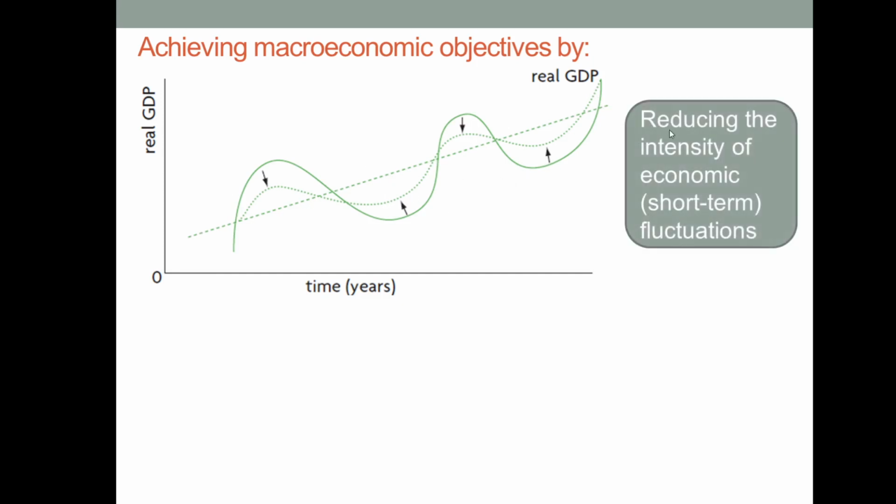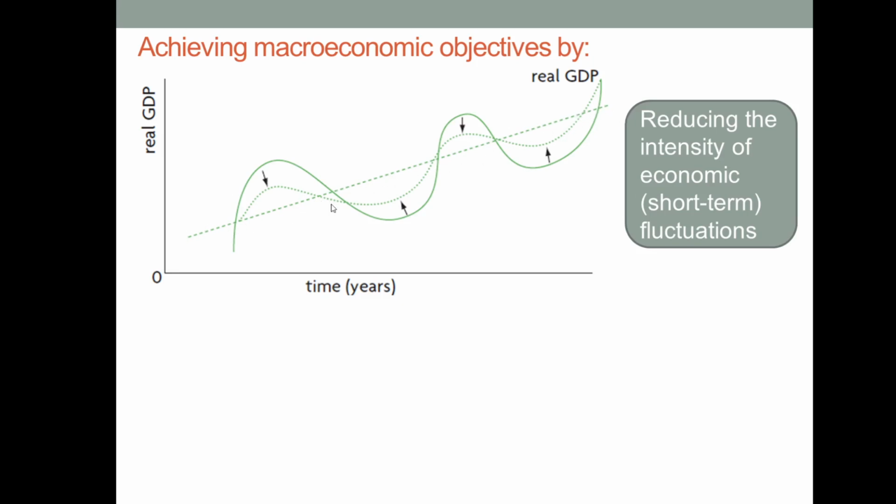So if we can use different policies, like fiscal policies also, then maybe we are able to reduce the intensity of economic fluctuation. You see here, this straight line we call the long-term growth trend.